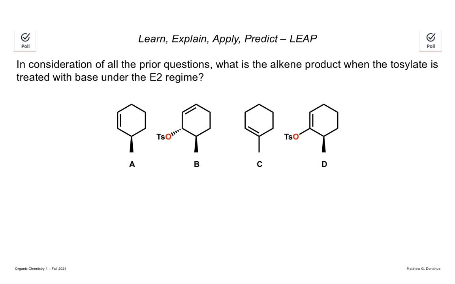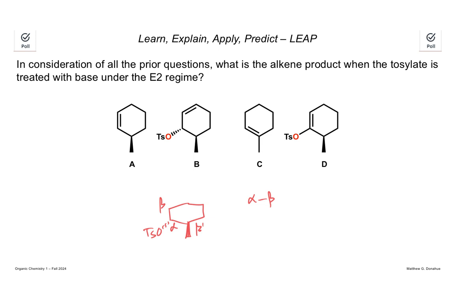So what is the alkene product at this point? So we're looking for the double bond to be between alpha and beta.